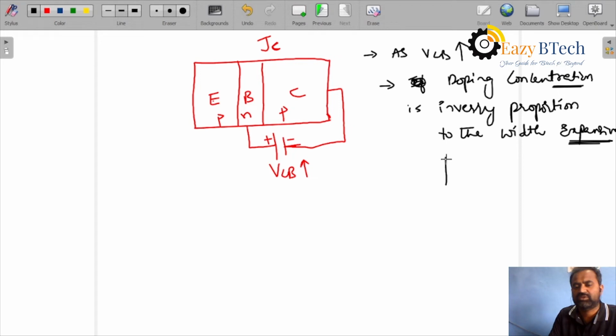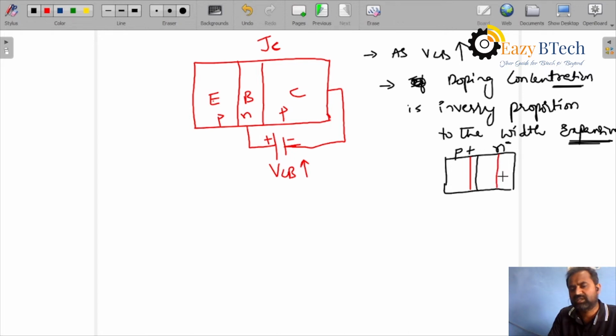Suppose we have a junction with a P material and an N material. If P is heavily doped and N is lightly doped, then the depletion region width expansion is like this.